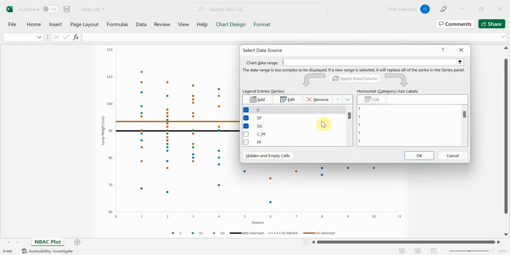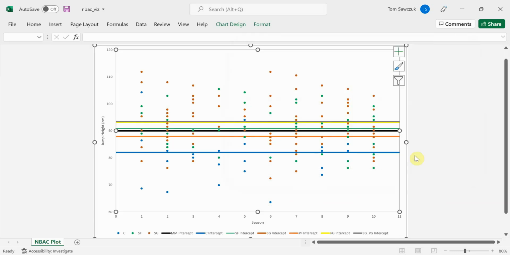And if we look through all of the intercepts, so take the shooting guard out and include all of the intercepts, you can see how all of the intercepts are grouped around this mean number.